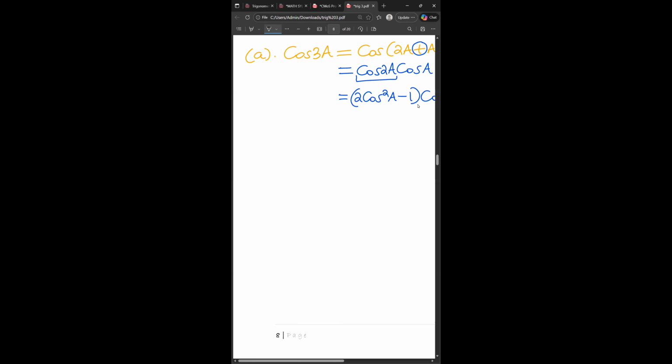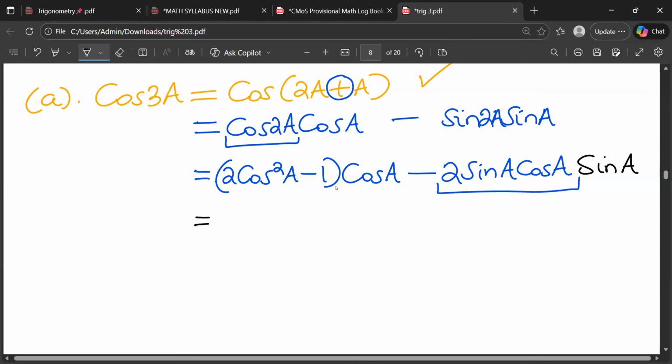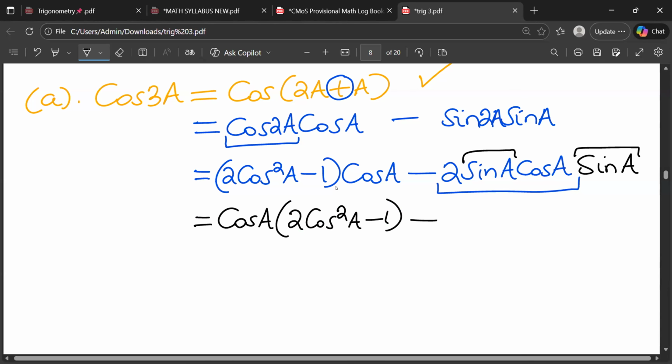So you can decide to rearrange this and say, this one will be cos A into 2 cos squared A minus 1, then minus, I know if people are seeing this and this, sine and sine, that means sine squared, so it will be 2 cos A, and then this one will be sine squared A. But remember, where we are going, we don't have any sine, so I think we can remove this sine.